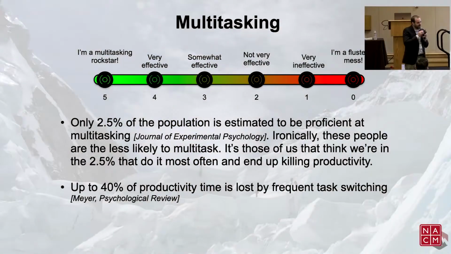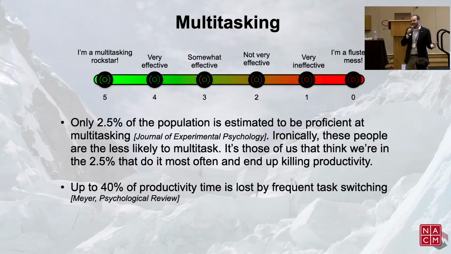What's everyone think? So we got some 2s and 3s and 4s and 3s, and any multitasking rock stars? So kind of all over the place. This is what's interesting. There have been a lot of studies done on multitasking. They have actually found that there are about 2.5% of the population that is estimated to be proficient at multitasking.